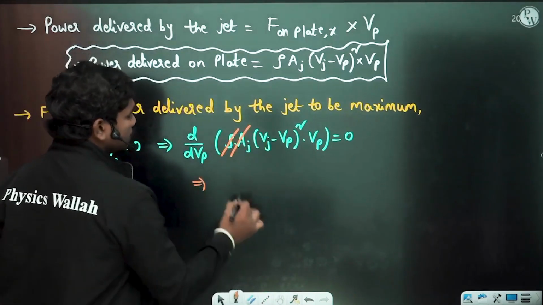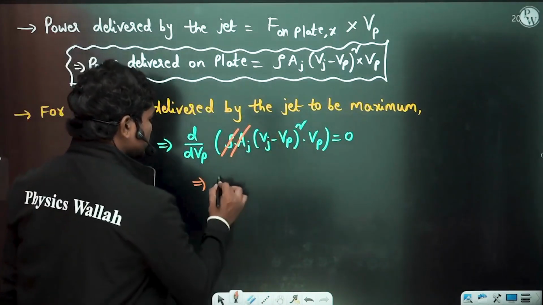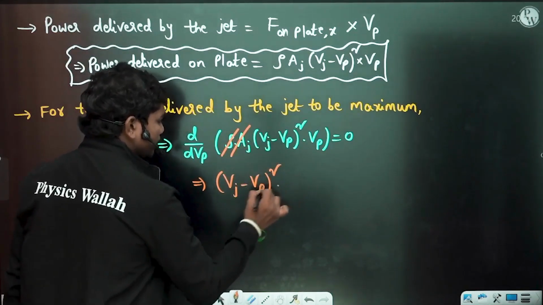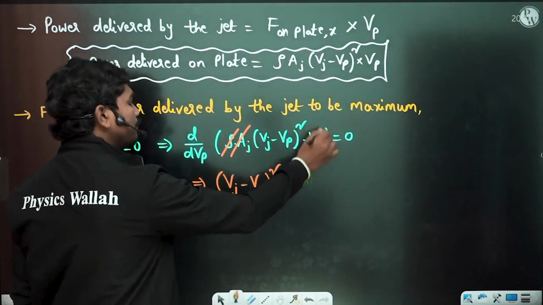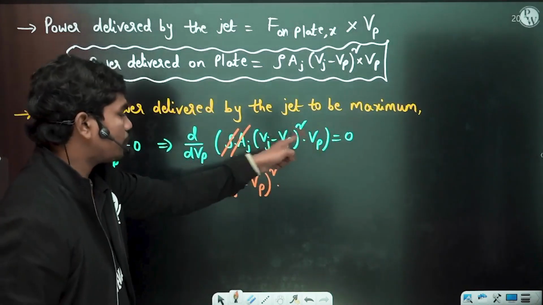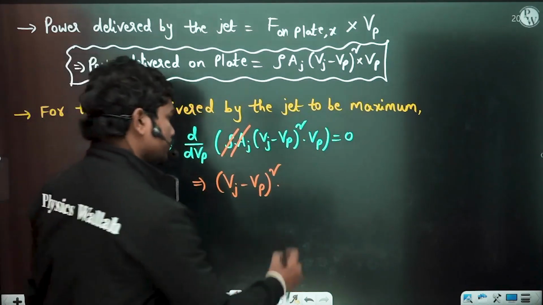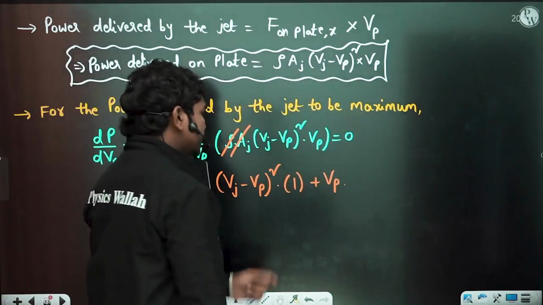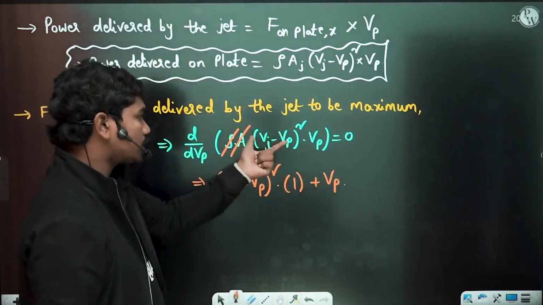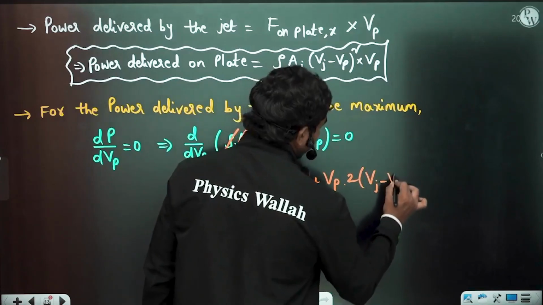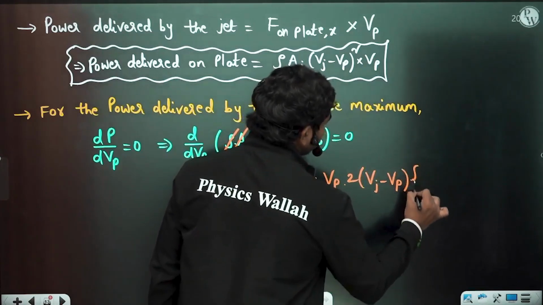So this implies differentiation: first function into derivative of the second function. Differentiation of vp with respect to vp is 1, plus second function into derivative of the first function. What is the differentiation of the first function? 2 times (vj minus vp) into its inner differentiation.